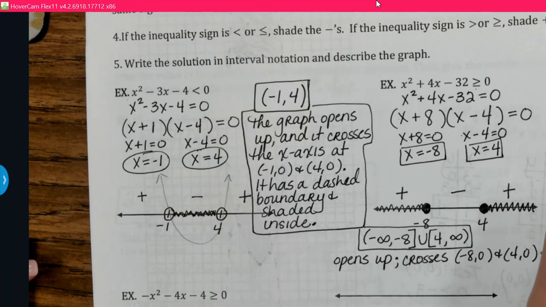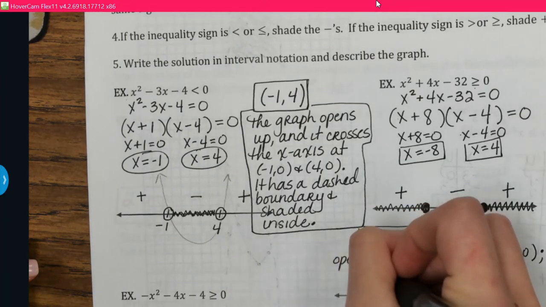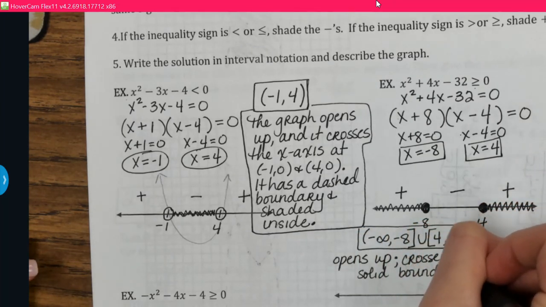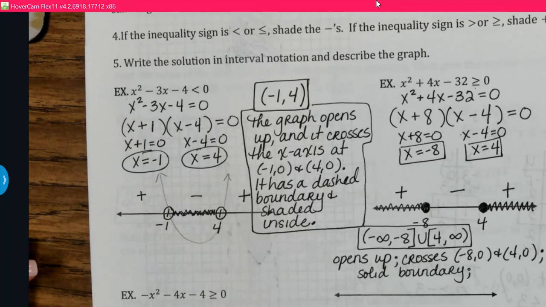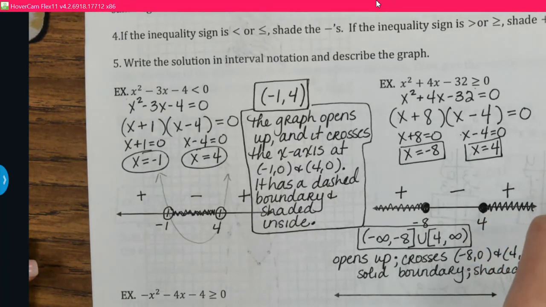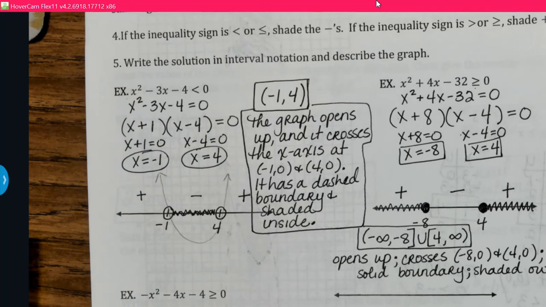Dashed or solid boundary? Shaded where? Outside or inside? Outside. Are we good? Any questions? Okay, last example.